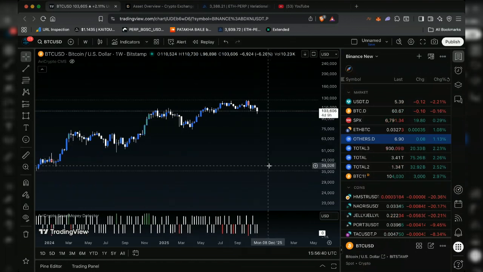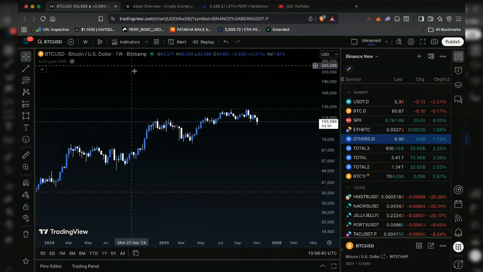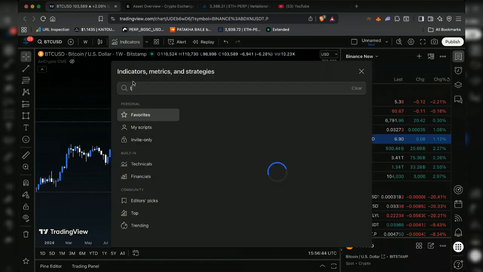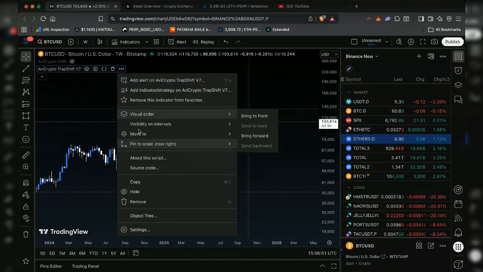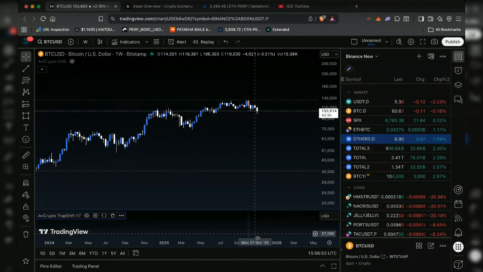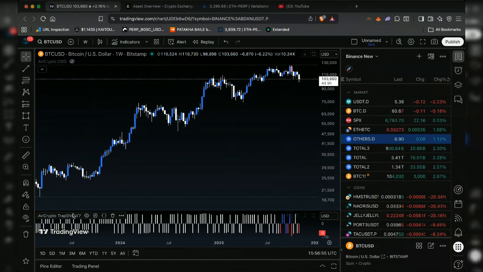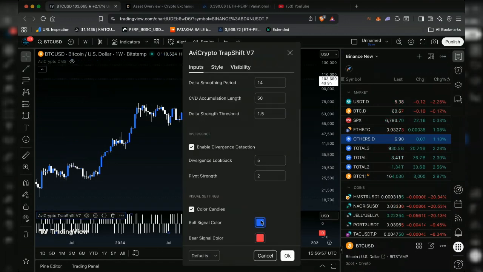I am using the Trap Shift 7. Let me just open that again in front of you. Let me choose the colors.